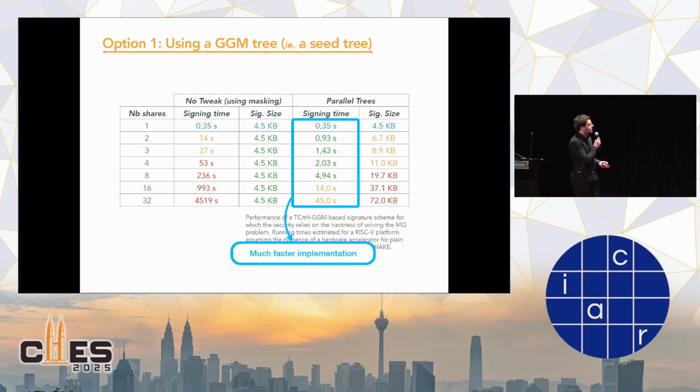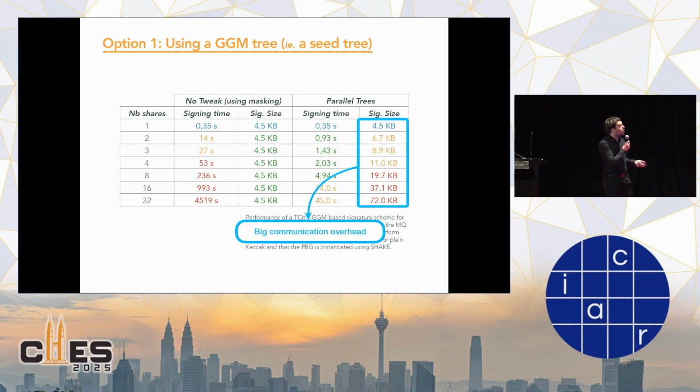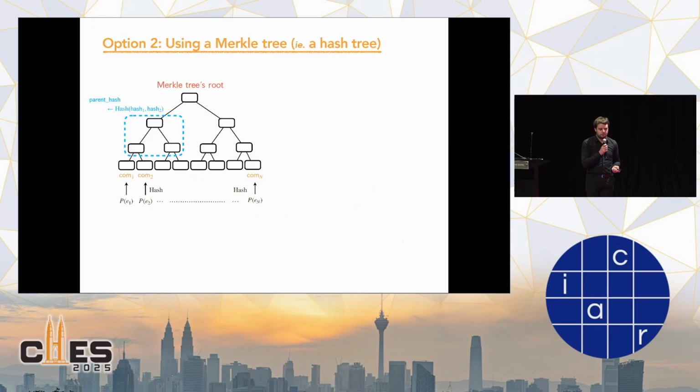With the trick, the signing time remains quite reasonable. However, the signature size scales with the masking order, and at the end, it's not a very nice signature. Okay, that is the performance with GGM trees. What about Merkle trees?